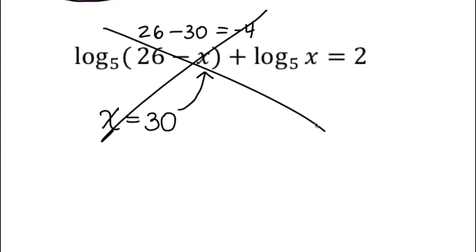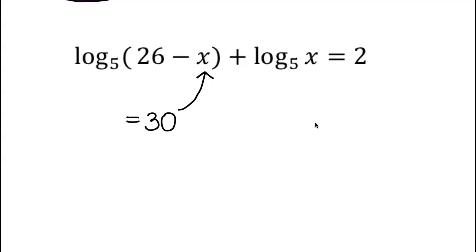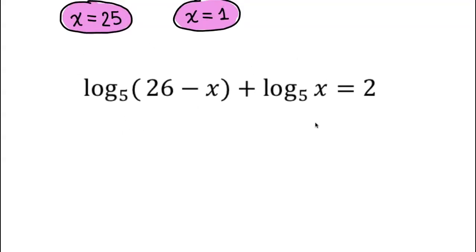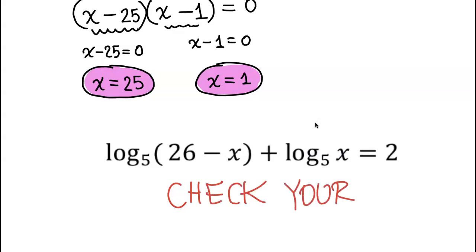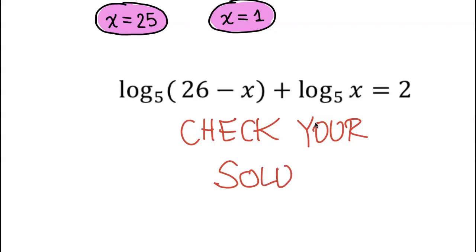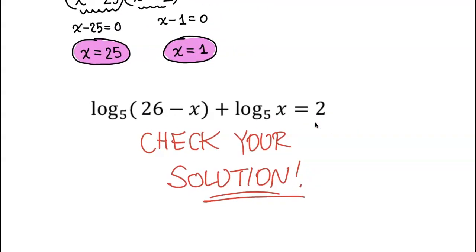So sometimes when you solve log equations, you may get an extraneous solution. So that's why it is very important for you to check your answer. So I'm going to make a note: check your solution to make sure that the log argument remains positive.